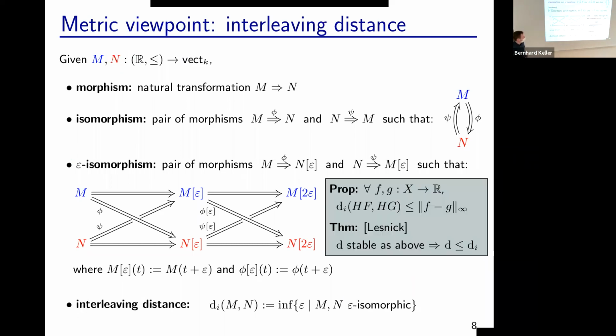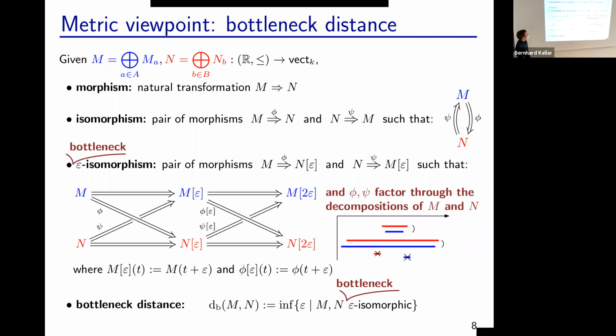Now, you can't work in practice with this distance on a computer, because computing it would require you to look at all possible pairs of morphisms. So that's a problem that you can't solve on a computer. But fortunately for us, the distance factors out in the following sense. We will say that a pair of morphisms is a bottleneck epsilon isomorphism if, not only do we have this commutative diagram, but also the morphisms phi and psi factor through the direct sum decompositions of the modules.